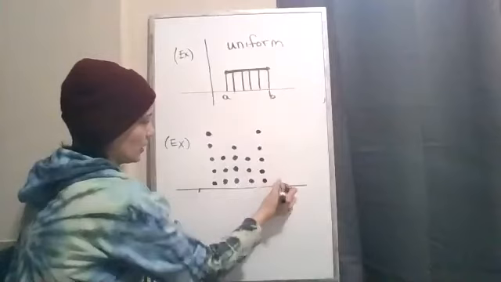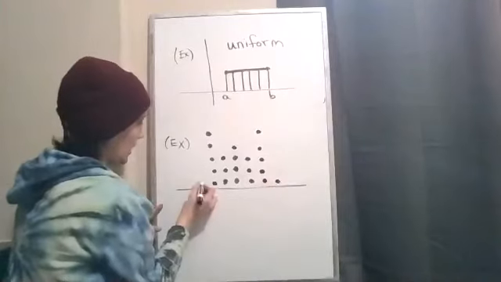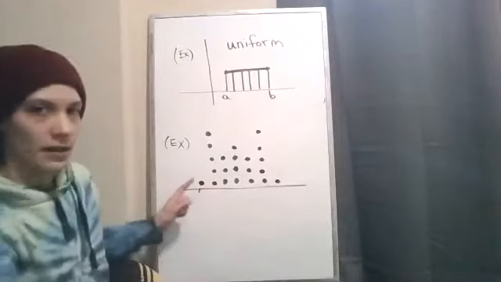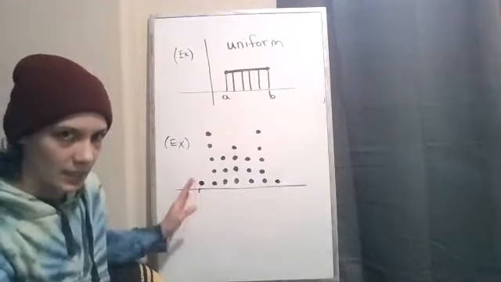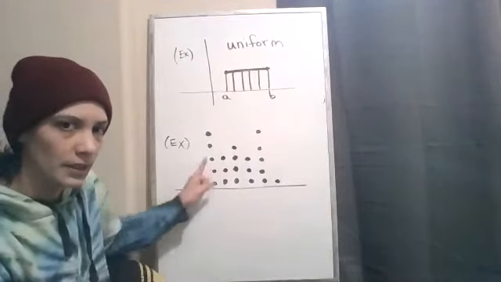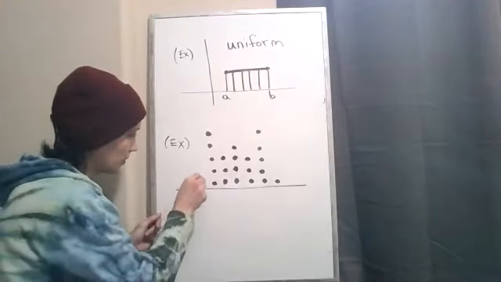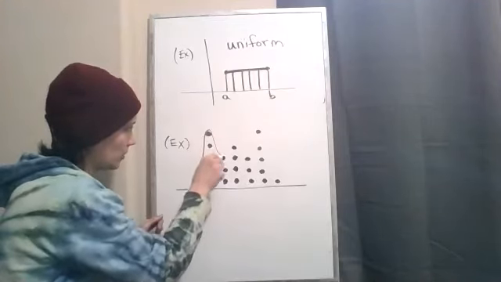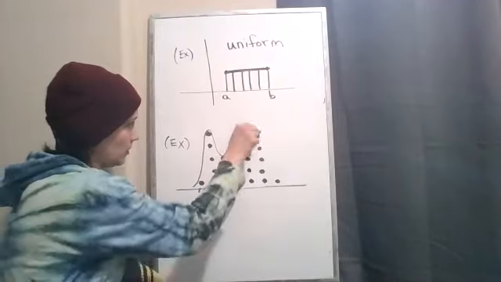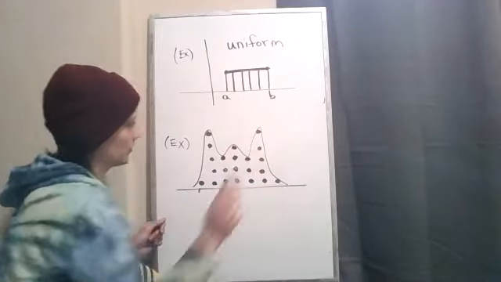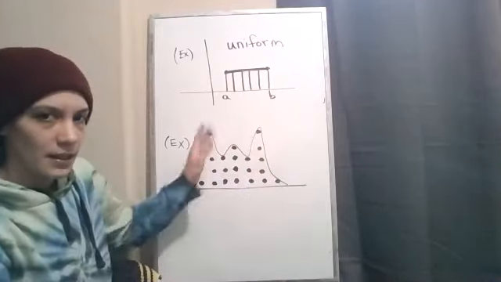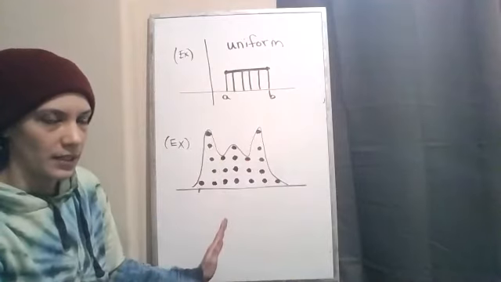And we're going to stop with 1 dot here, 1 dot here. Okay. Now we're going to get this kind of shape by drawing a line really close to the data values. So we're going to curve up, down, down, up, and down. This would be a symmetric distribution.